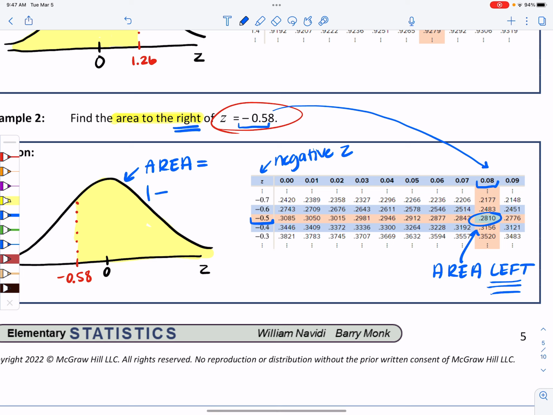And the only way that I can do that is by subtracting the area from 1, because the total area under the curve is equal to 1. You learned that as one of your properties in your first video. So if I want to change that direction and go to the right, I'm just going to take that area left and subtract it from 1. And that will give me the area to the right, which is what I'm looking for here.